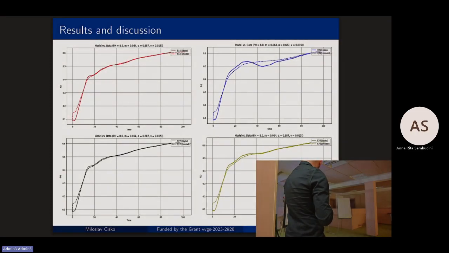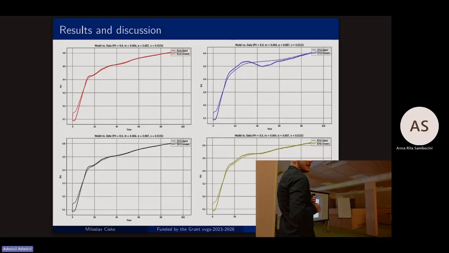It should start growing exponentially. Then the growth should be less or almost constant, and then it should slowly start dying here. So our model was in this phase almost exactly like the real data.